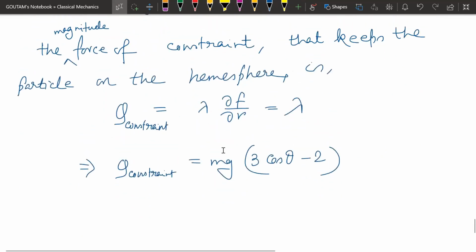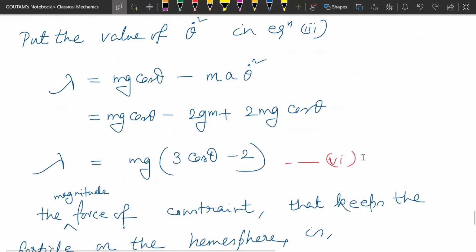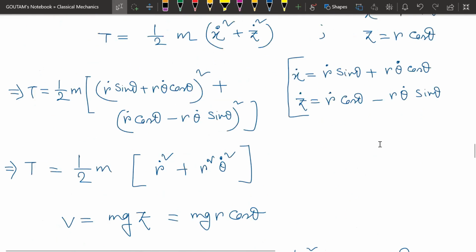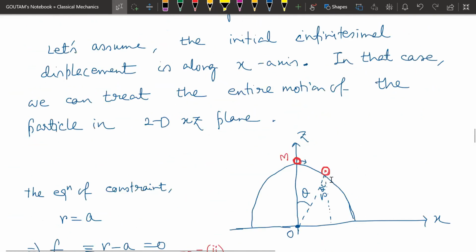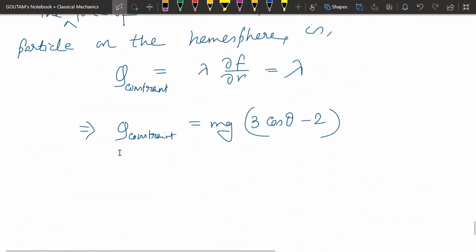Now from this expression of Q constraint, we can easily find out at what angle the particle will leave the hemisphere. If we let the particle fall, at some angle the particle will leave the hemisphere and fall freely. In that case, the force of constraint will be 0, because it is just about to leave the surface of the hemisphere.